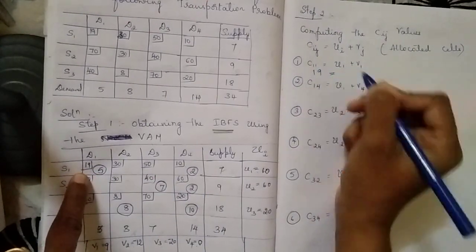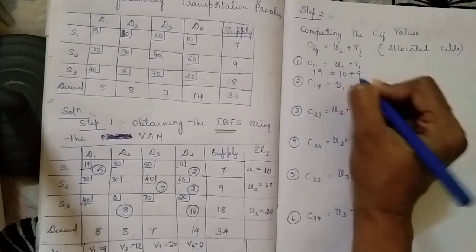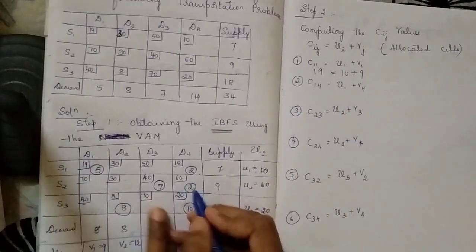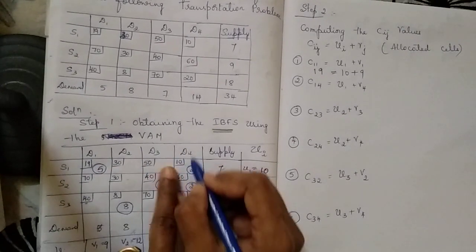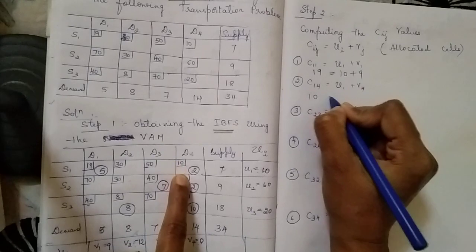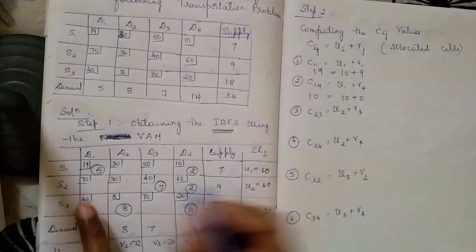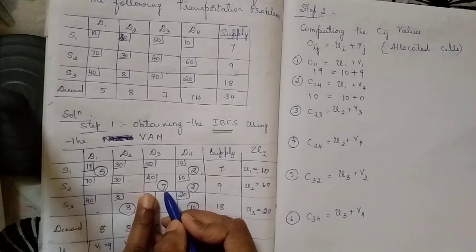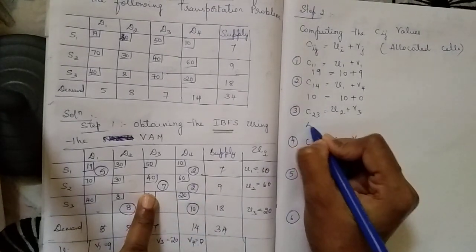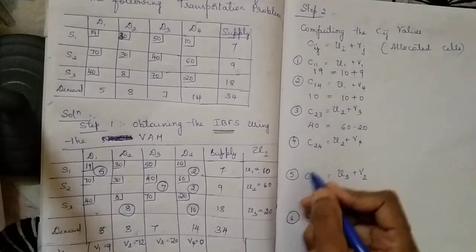This is the same thing we have calculated and shown here, 10 plus 9. C14, this is cell address C1 and 4, it is 10 here, correct? So u1 is 10 plus 0. C23, is it not? Here 40 is equal to 60 minus 20.